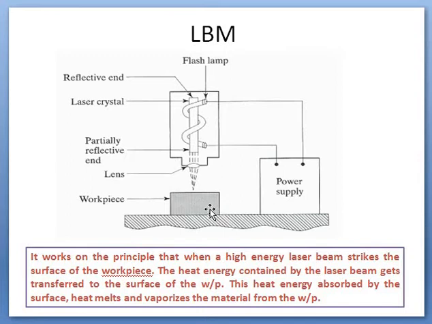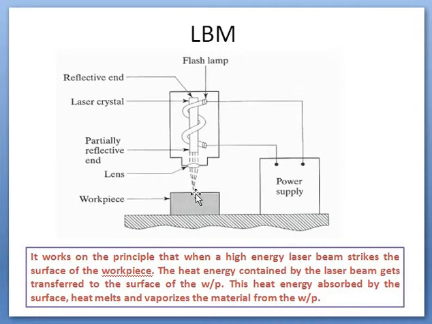Now how does it happen? When we apply the voltage across this flash lamp, it generates light, and that light creates the laser rays, which are transferred between the reflective end and the partial end. This laser light generated by the laser crystal, when passing through the lens, gets concentrated and strikes the upper surface of the workpiece.